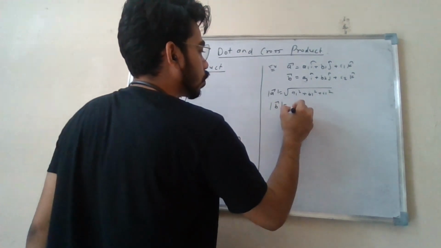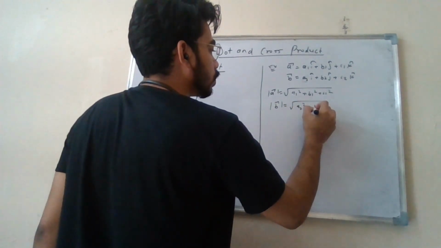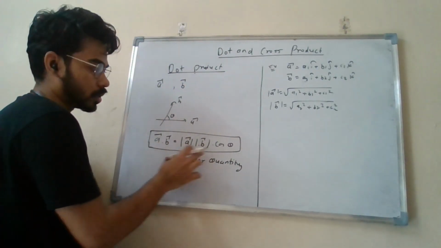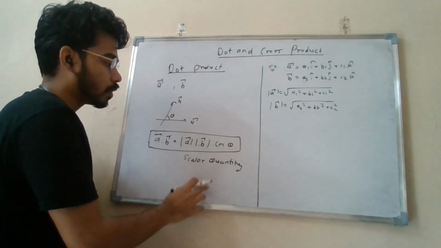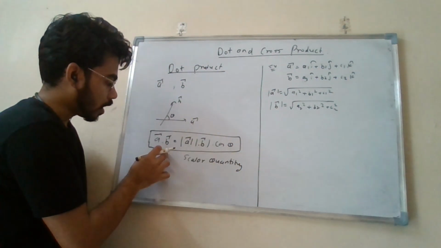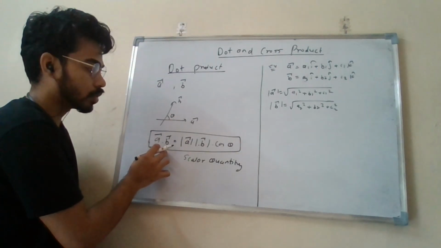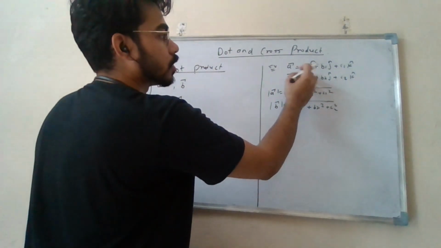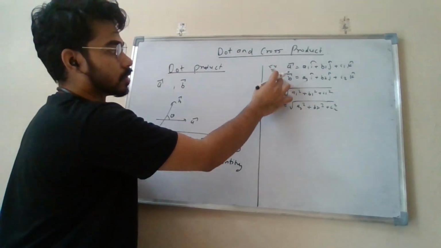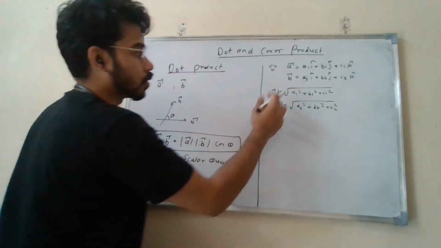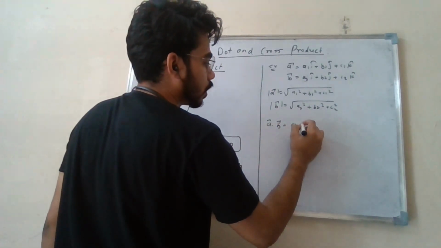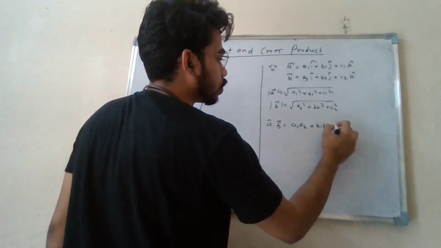Similarly, you can calculate mod B as the root of A2 square plus B2 square plus C2 square. And for A dot B, cos theta is the angle between the two vectors. If the angle is given, we can find the dot product as mod A, mod B, cos theta. If the coefficients of i, j, k are given, then we can calculate the dot product A dot B as A1 A2 plus B1 B2 plus C1 C2.